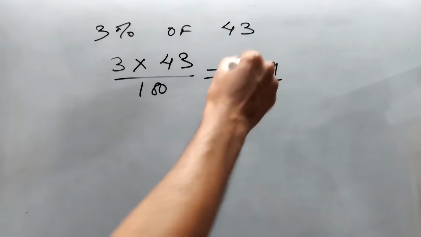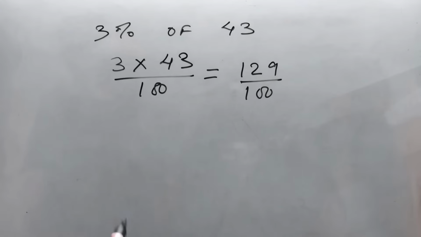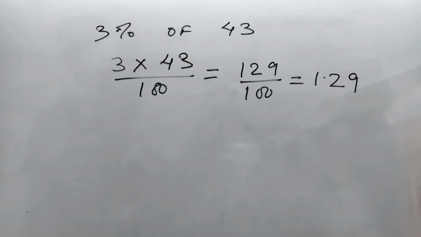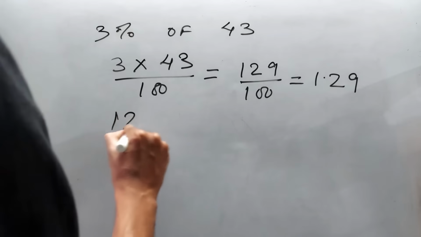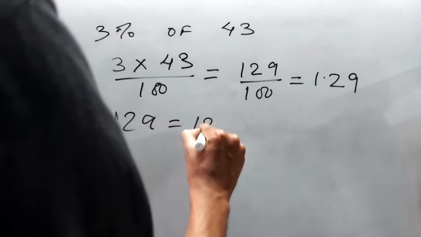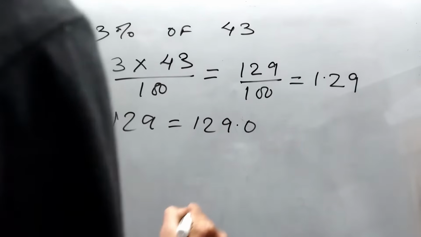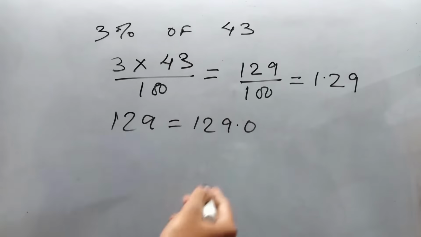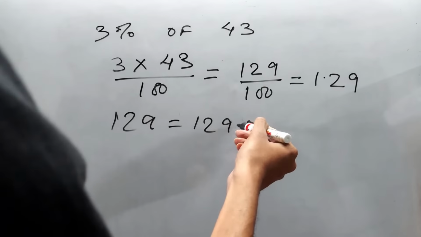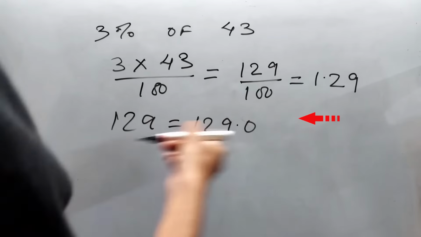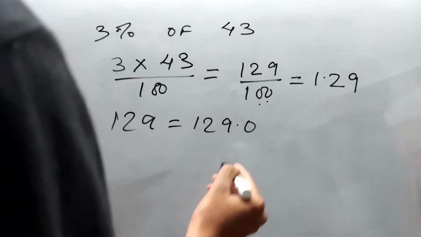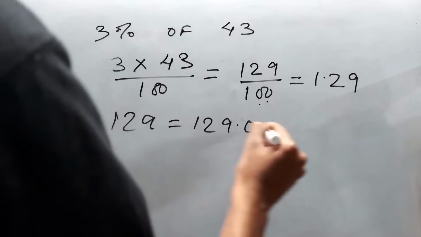Do we know how to divide a number by 100? No need to worry if you don't know, just click the I button. 1.29. Okay, let's show this. 129 is 129.0. Now, dividing a number by 100 means just move this point to the left side, 2 digits, 2 zeros, 1, 2, so 2 digits here.